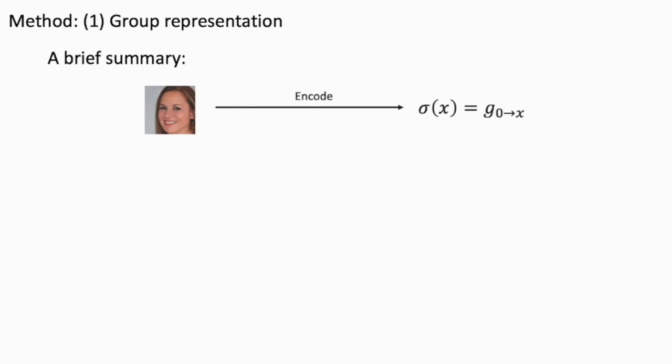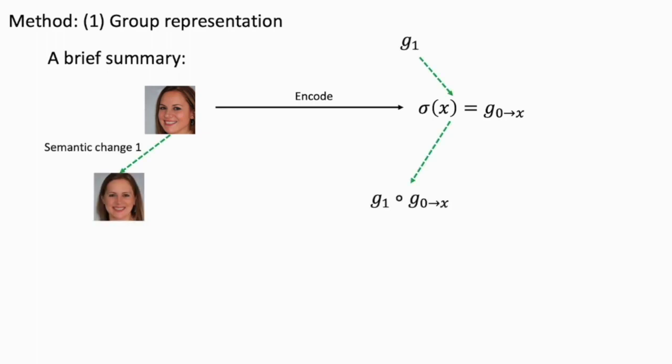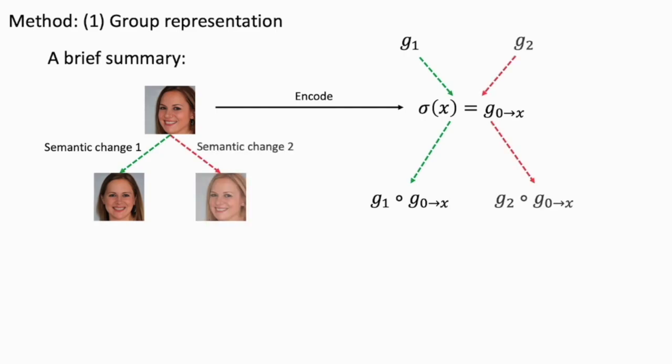Before moving on, we show a brief summary here. Now we encode an input image by a group representation. When a semantic change occurs, we expect a corresponding group element can act on the current representation. For another semantic change, an element on another group will act on this representation.